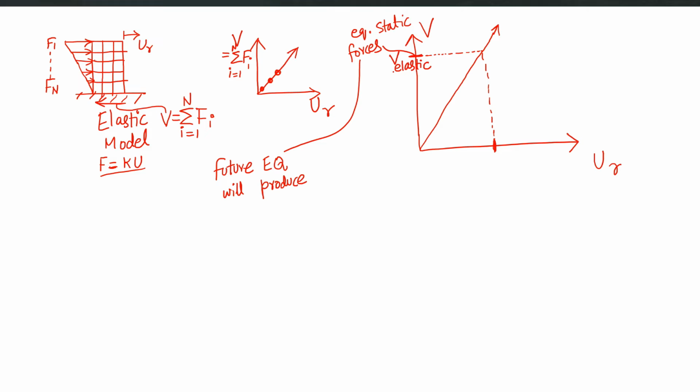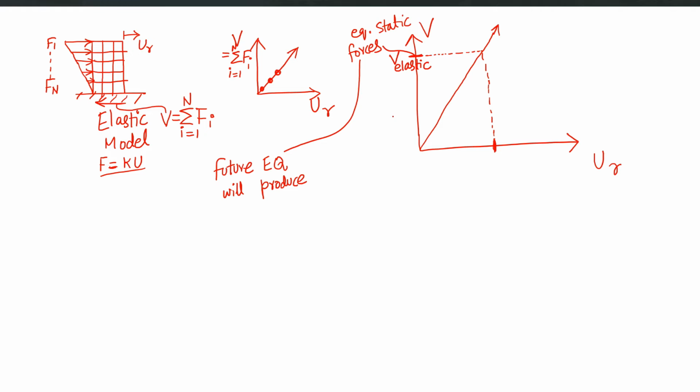This is the value of base shear, or the sum of all forces which your elastic structure is going to produce in case of the future earthquake, or these are the forces which should be applied to your elastic structure to represent the future earthquake, right? So I was saying that for two important reasons, it is not adequate or wise decision to design your structure on this V elastic, right?